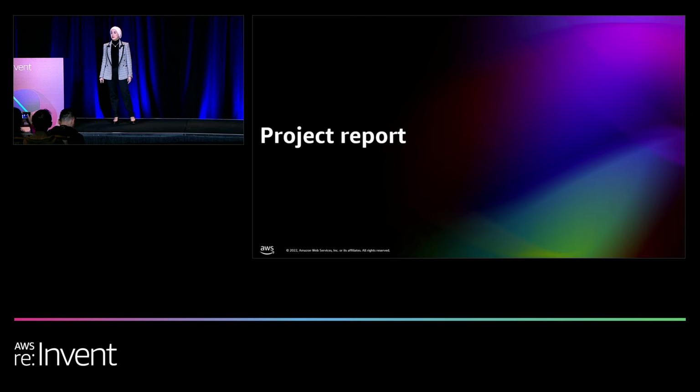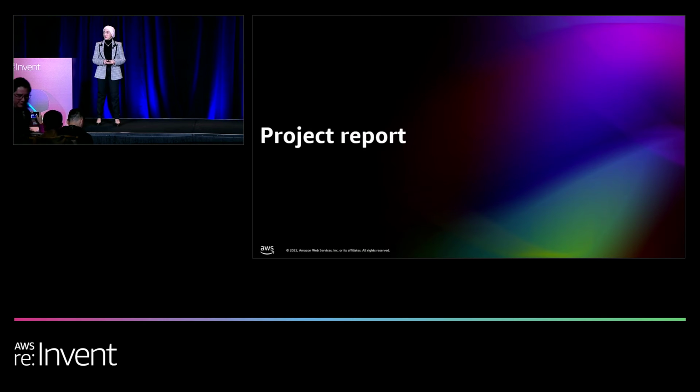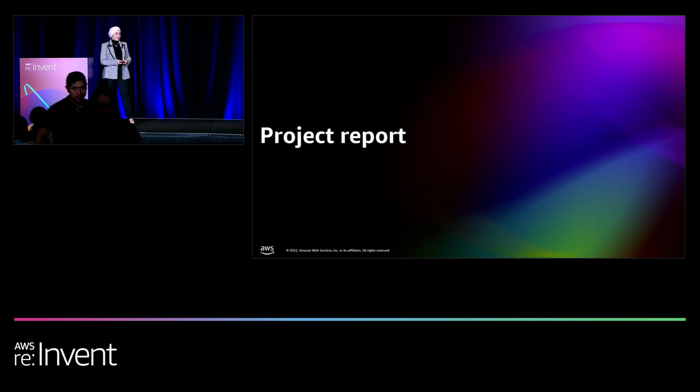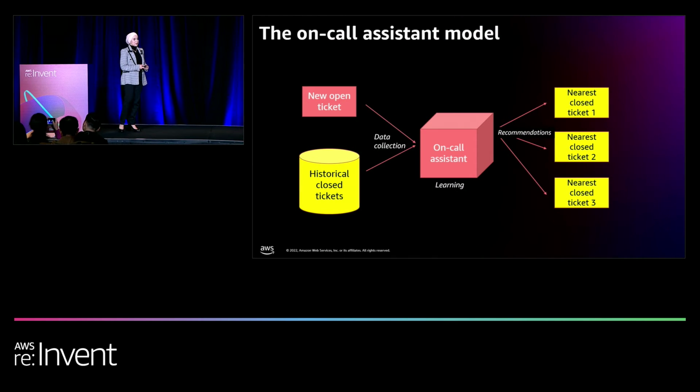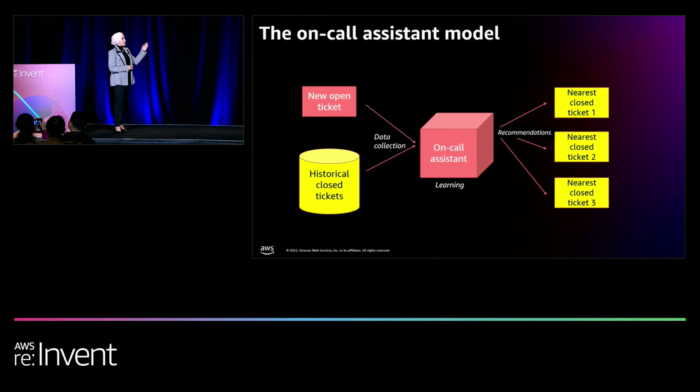Now let me talk to you about the project report from Amazon Transportation, where we applied perturbations to sentences. So basically, the project that we have experienced is the so-called on-call assistant. So let me walk you rapidly through the story behind it. In Amazon, we have many products, like scheduling algorithms or products for optimization.